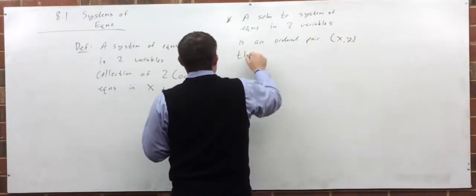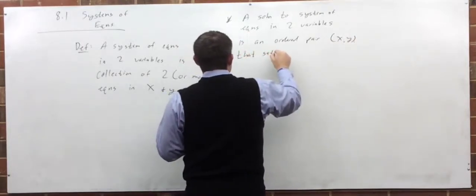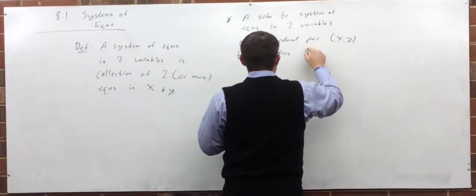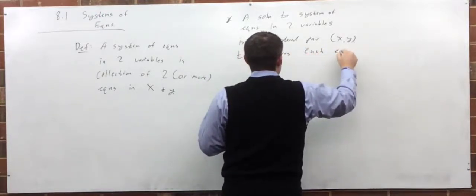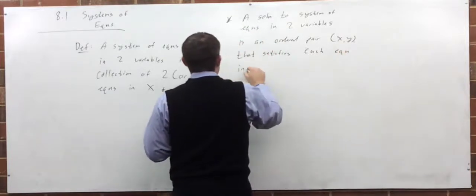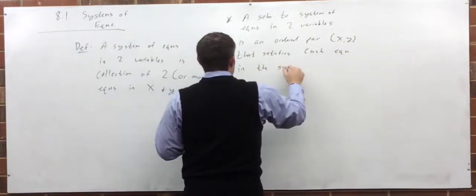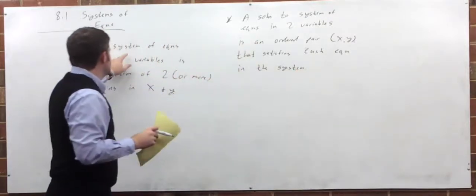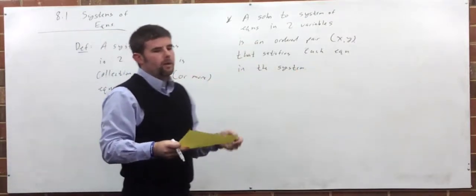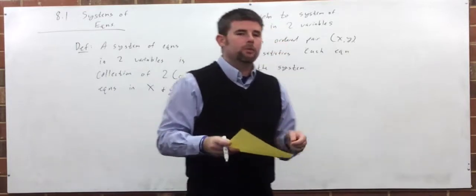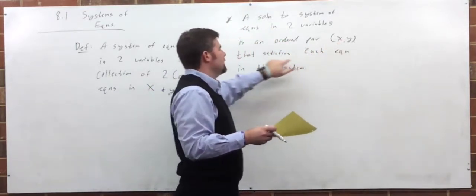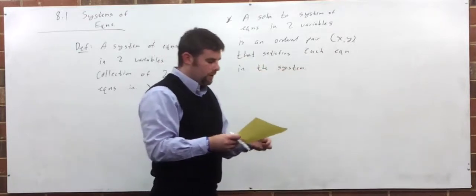This ordered pair satisfies each equation in the system. So in other words, you'll see this in the examples, we'll have two equations in x and y variables. The solution is an ordered pair that solves each of those equations.